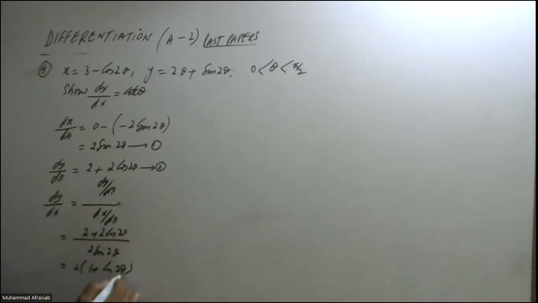1 plus cos 2θ over 2 sin 2θ, the 2 and 2 cancel.